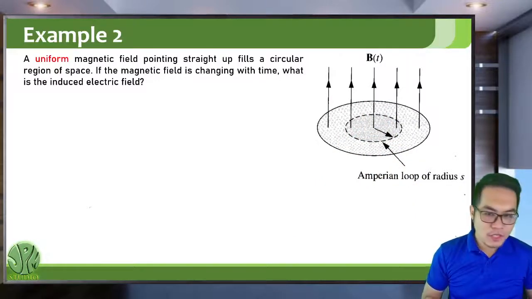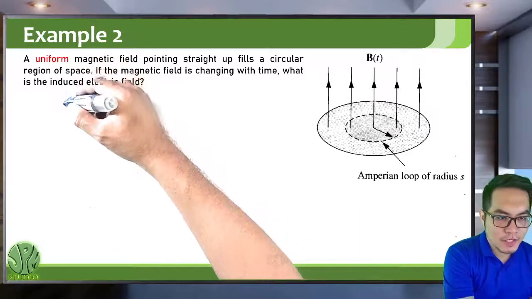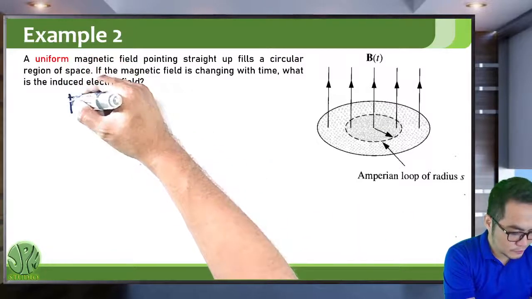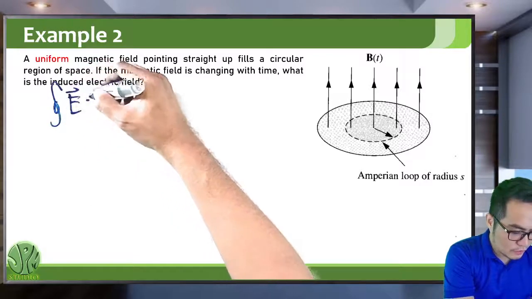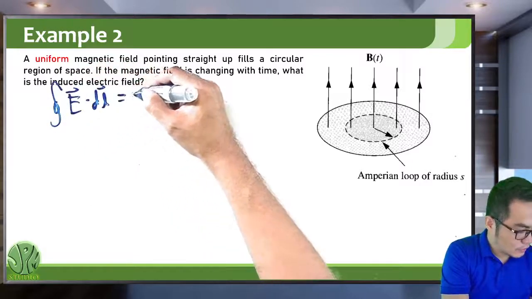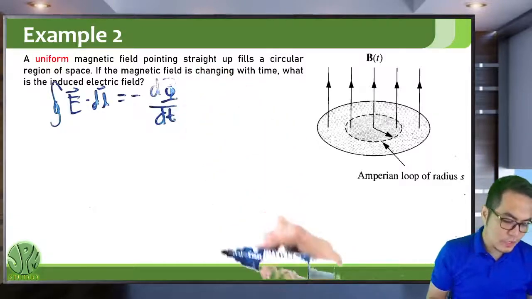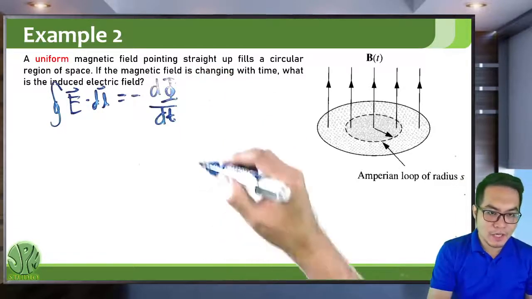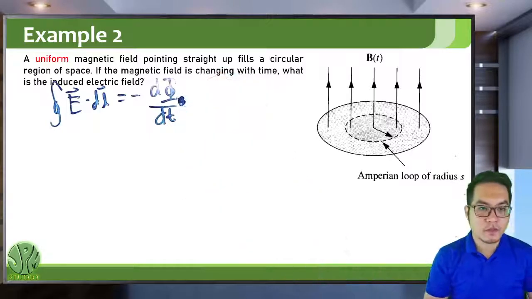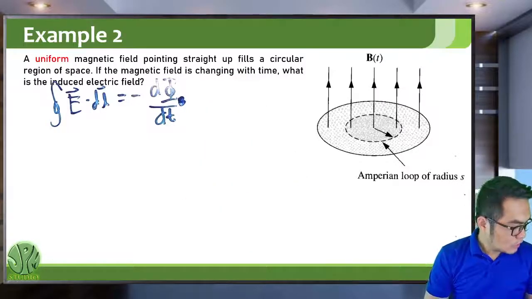So we use again Faraday's law, the integral form. The closed integral of E dot dl is equal to the negative time rate of change in magnetic flux.